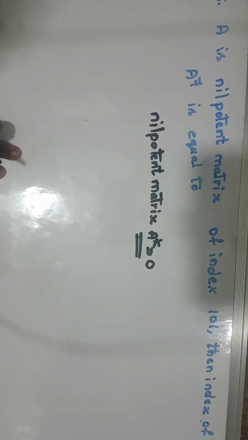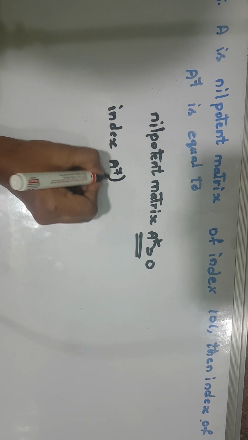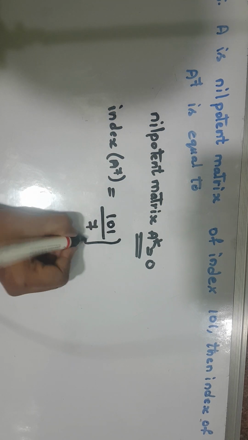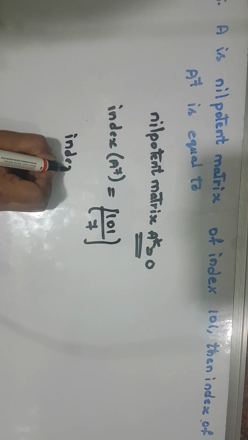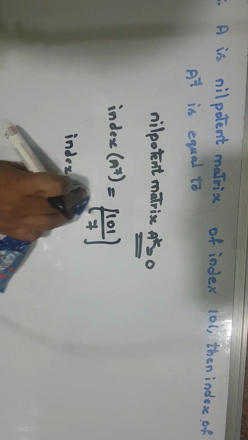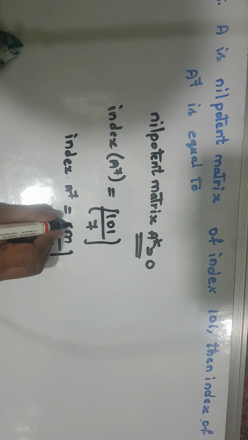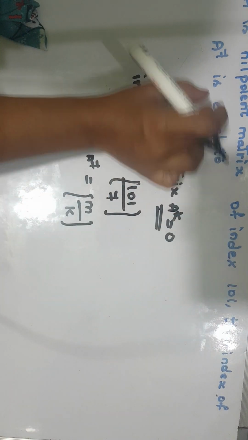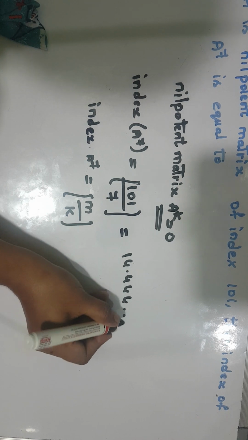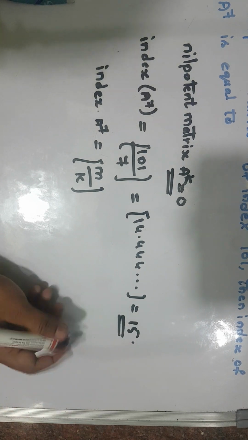The index of A power 7 can be written in the form m by k, that is 101 by 7, which gives 14.44 and so on, so the index of A power 7 becomes 15. This is the required answer.